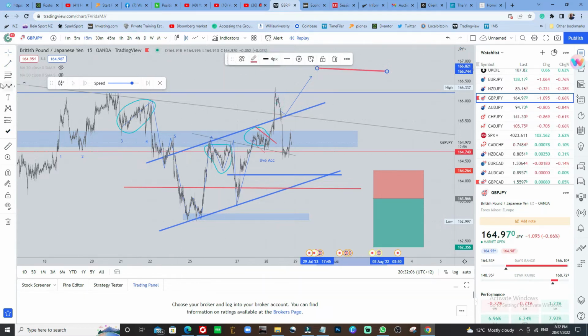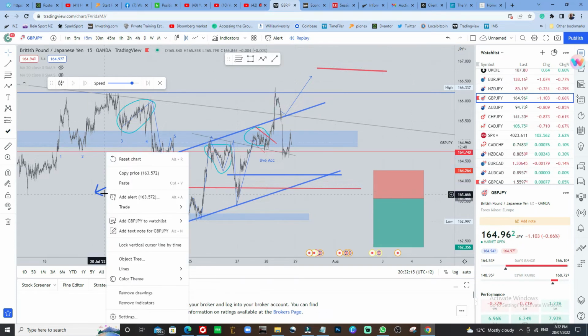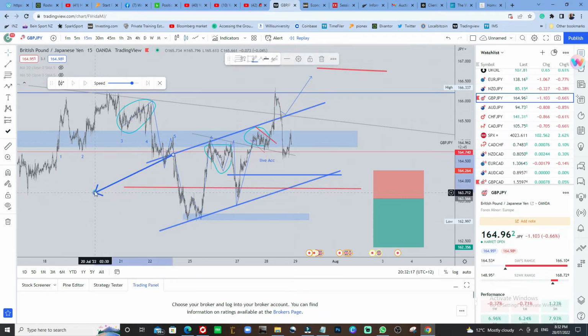Now, W patterns. See, it goes down here. Look at this W pattern. Sorry, I'll go again. That's a W pattern.